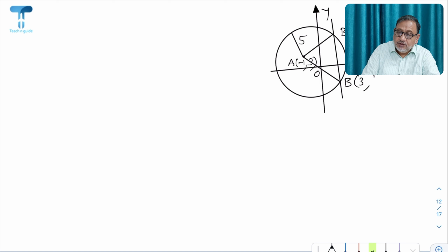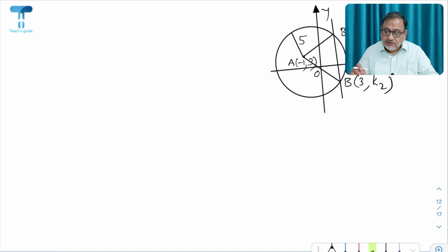and this can also be B, 3 comma K2. Okay, so one of them, actually it is at the origin, because the y component is 0, the value of k is 0, so I should have drawn it on the x-axis.